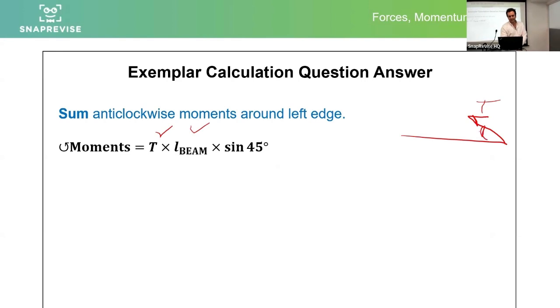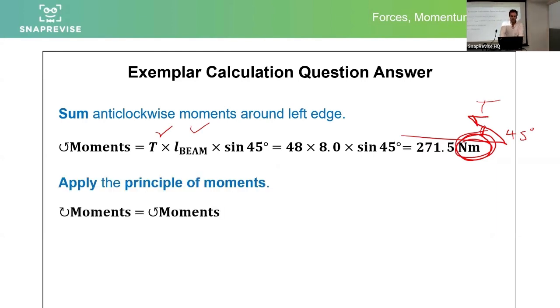We've also been given this angle, because do not forget that we need to take the perpendicular. It's only the perpendicular component of the force that contributes to the moment. So sine 45. Okay, that's an exact numerical answer, 271.5 Newton meters. Take a note that the units of moments are Newton meters.